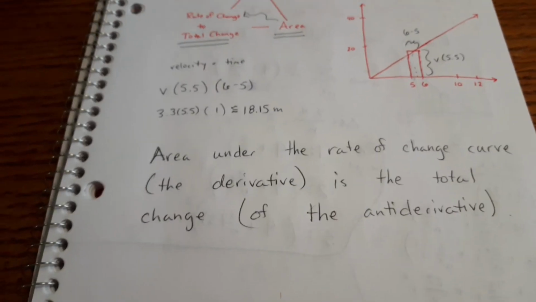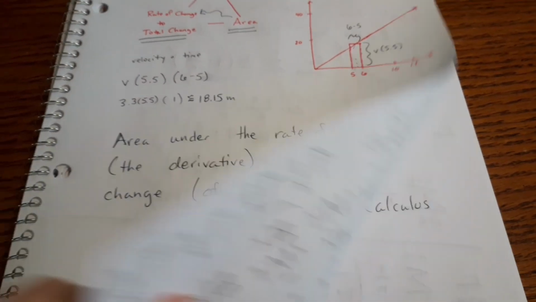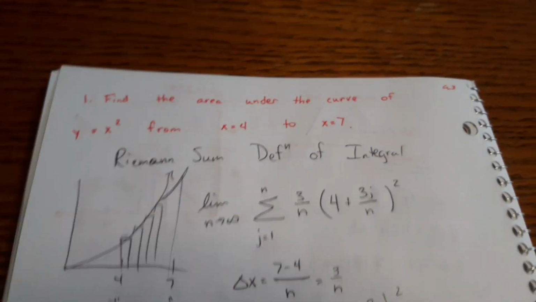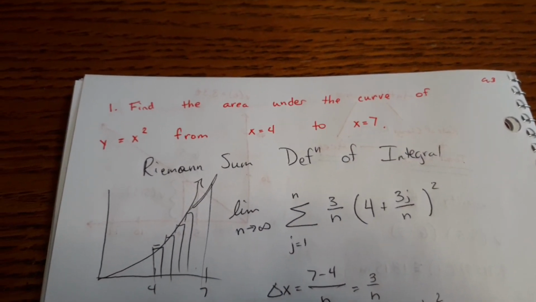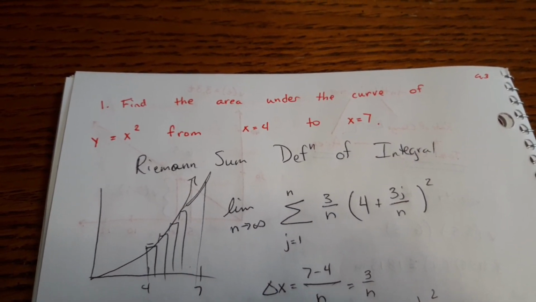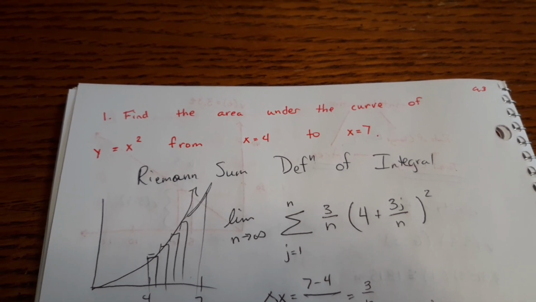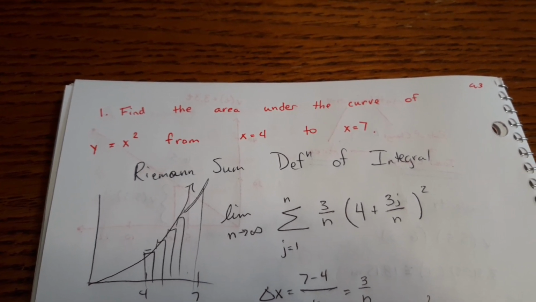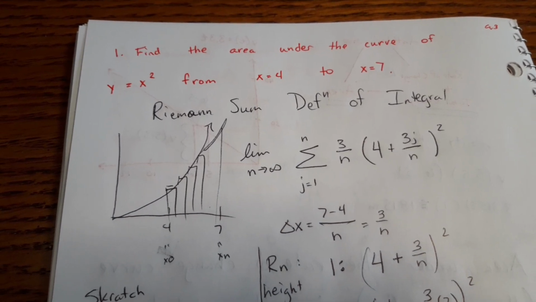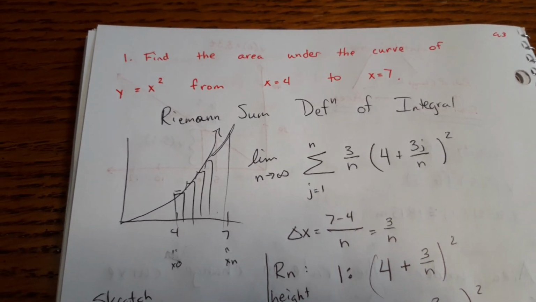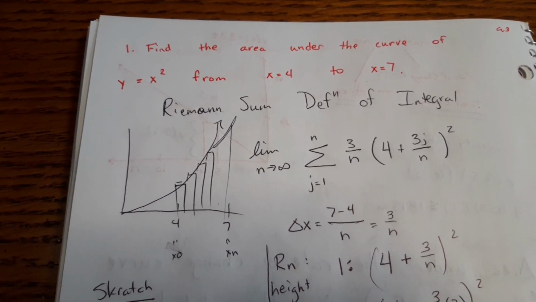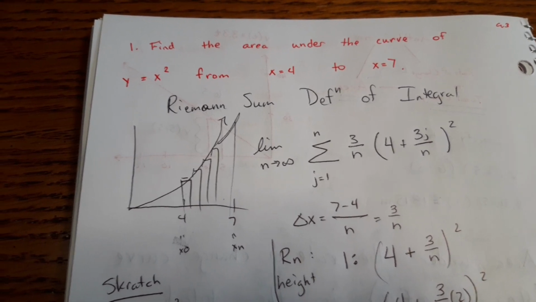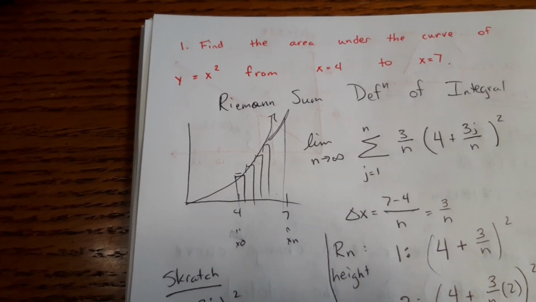So let's do something a little bit more abstract. Okay, so find the area under the curve of y equals x squared from x equals 4 to x equals 7. And here's a very rough graph of x squared from 4 to 7, and I drew in those little rectangles so that you can see.